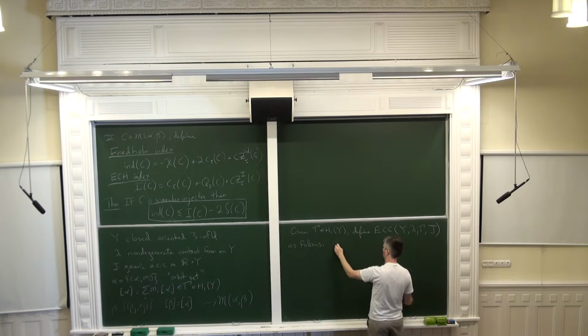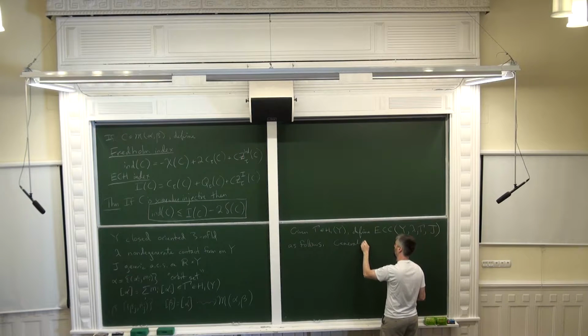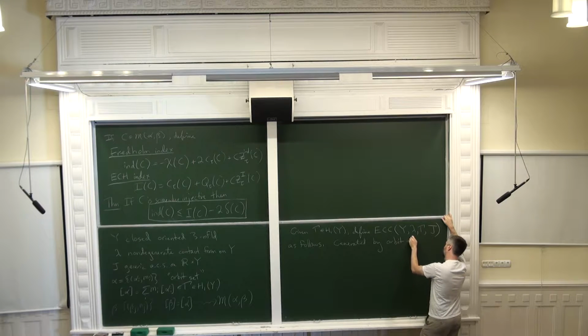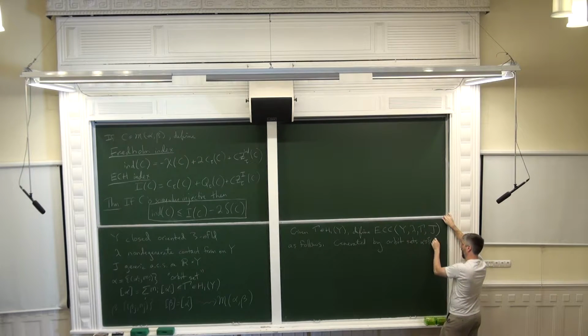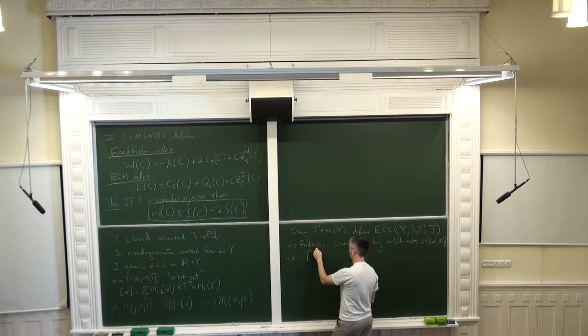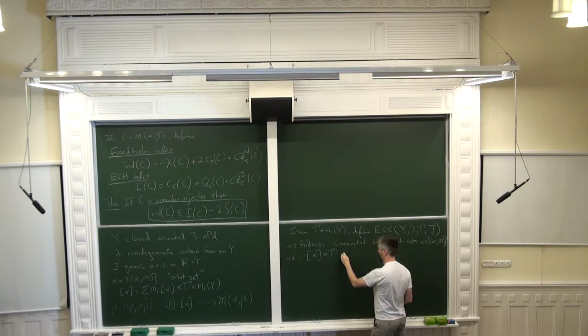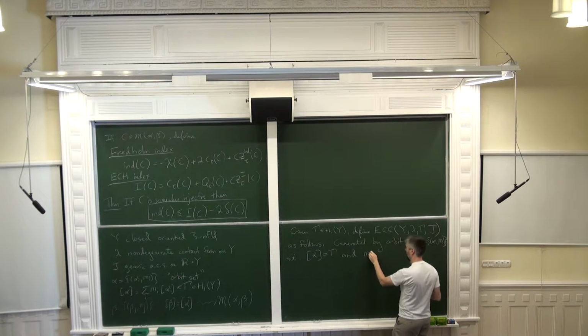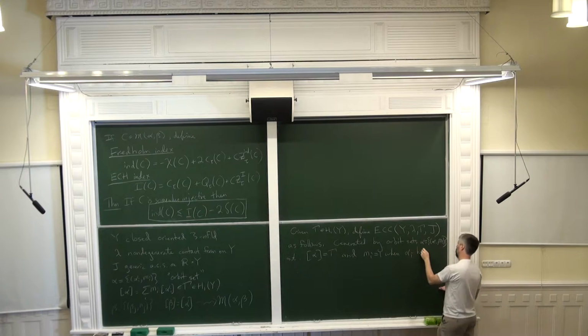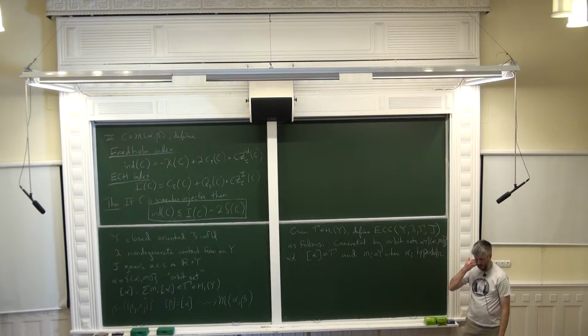It's generated by orbit sets α = {(α_i, m_i)} such that the homology class is Γ, and the usual business of m_i equals 1 when α_i is hyperbolic. You can work over Z if you worry about signs, or you can work over Z/2.